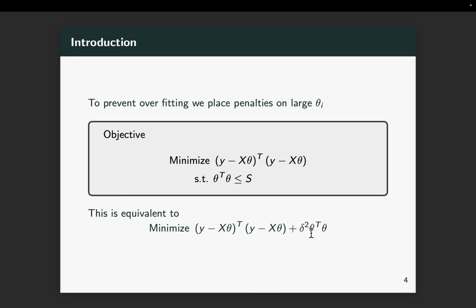But if you keep increasing this coefficient, then the theta transpose theta term will start dominating the overall objective, which would consequently mean that the data fit term has lesser weightage, and your theta i's will start becoming small, which means that your fit will start becoming very poor beyond a certain value of mu. Is that becoming clear?